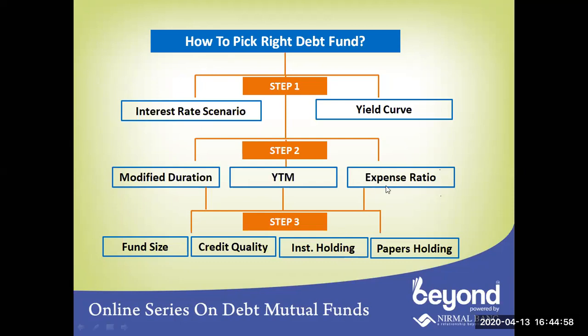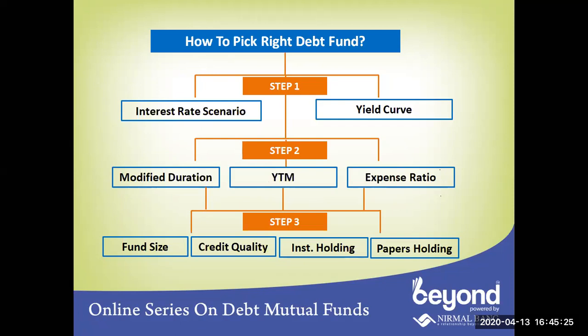And the third is the expense ratio, which is a part of your net YTM. Whenever the fund's YTM is, suppose, 8% and the expense ratio is 50 bips, 0.50, then your net YTM would be 7.5. It means you can expect 7.5% return from that particular fund if you hold it till maturity.